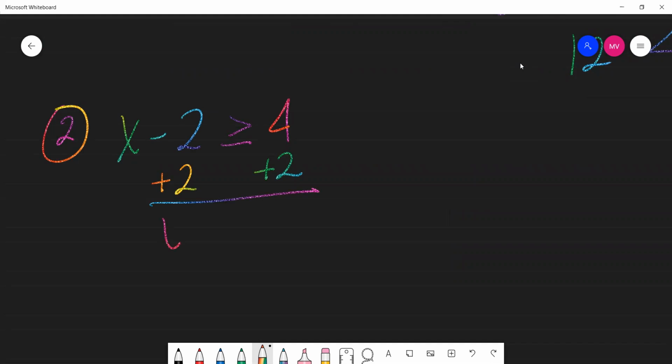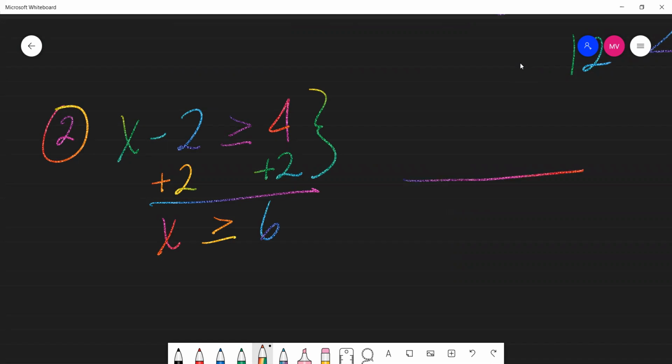And we get the solution that x must be greater than or equal to what? What's 4 plus 2? Right, because we're adding 2, x must be greater than or equal to 6.